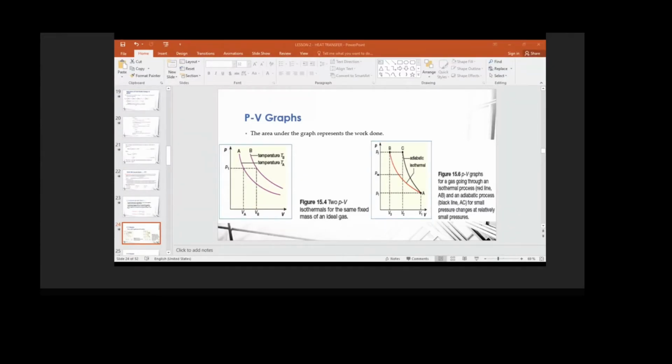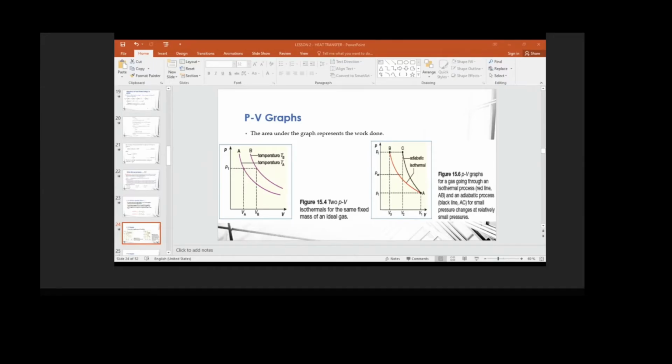All right, and then the one on the right tells us that the black curve there is an adiabatic process. Now you notice the difference between both is that on the left, both lines will never meet because the temperatures are constant.